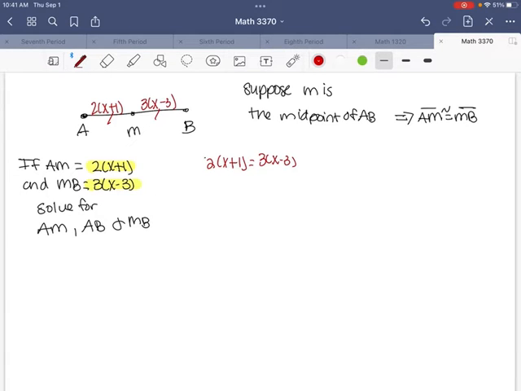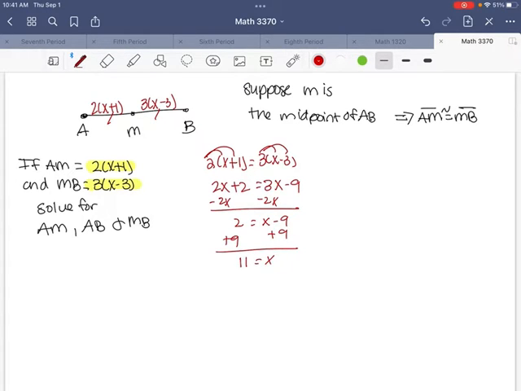So I will distribute, and I get 2x plus 2. Distribute over here, and from there we'll just do some algebra. And x equals 11.